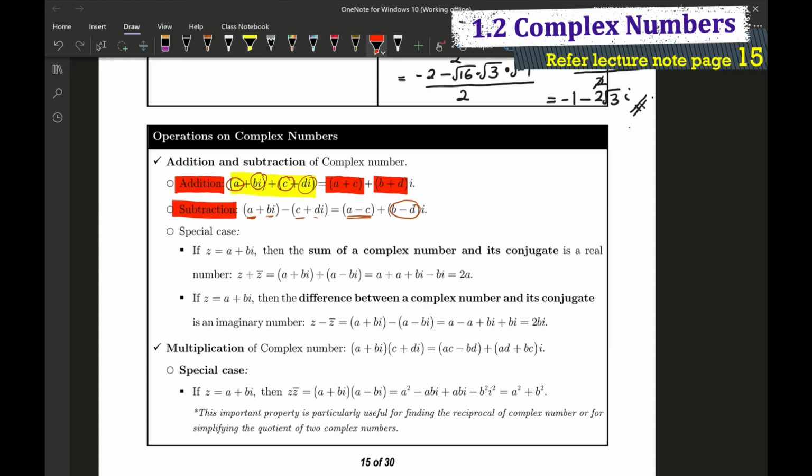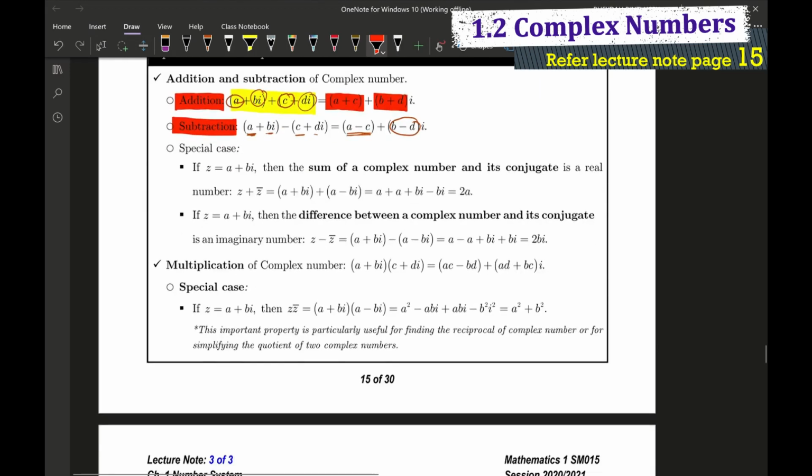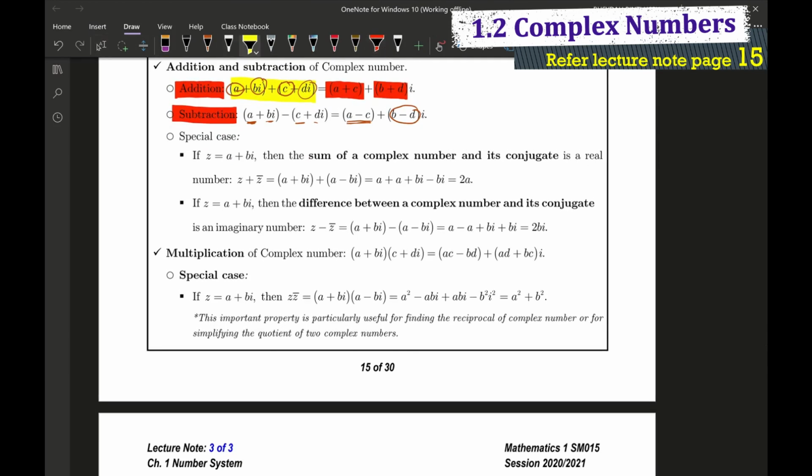Now we go to multiplication of complex numbers. The general idea is that you can multiply complex numbers just like you multiply traditional binomials.